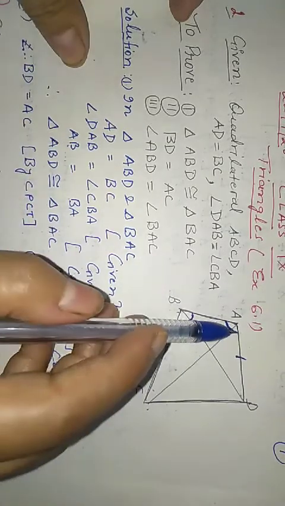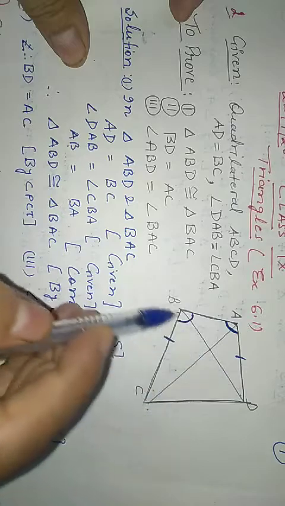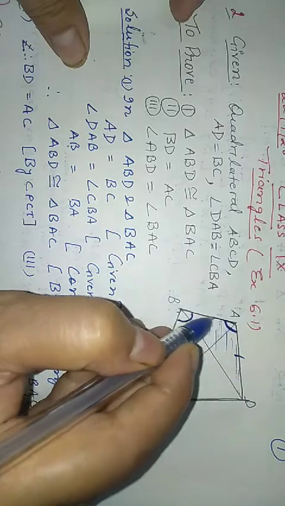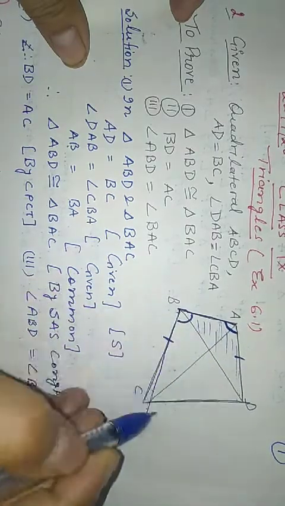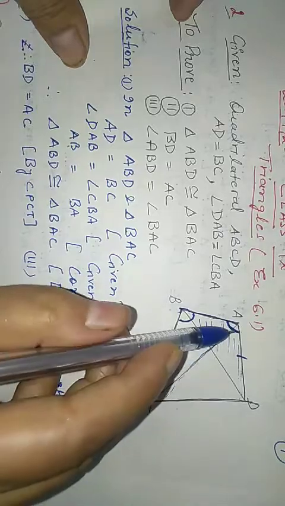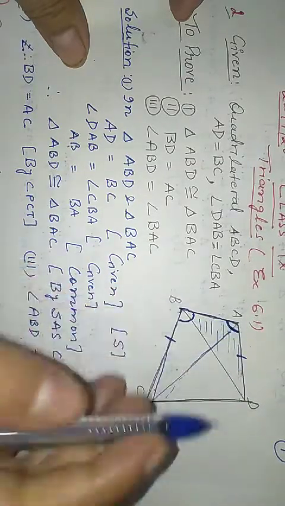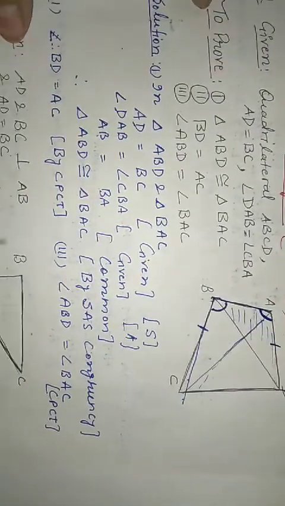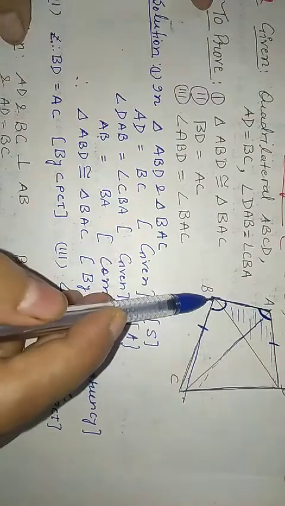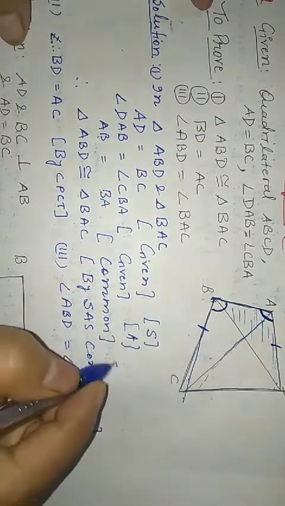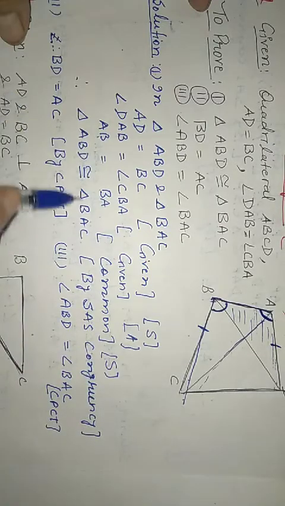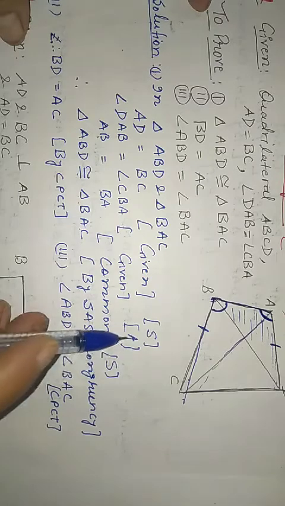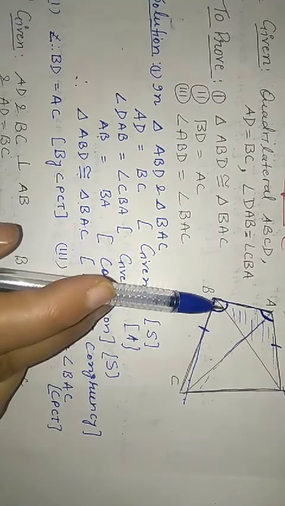And angle DAB, this complete angle of this triangle, is equal to angle CBA of the other triangle. This is an angle. And the third is side AB equal to BA, that is common. So both triangles ABD and BAC are congruent by SAS congruency.